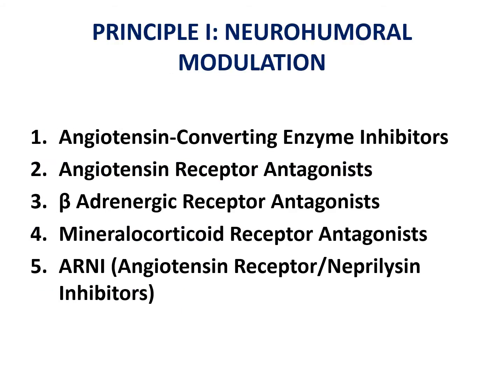So neurohumoral modulation is done by using this group of drugs: angiotensin converting enzyme inhibitors, angiotensin receptor antagonists, beta blockers, mineralocorticoid receptor antagonists, and a combination of angiotensin receptor blocker and neprilysin inhibitor. So we'll see one by one.